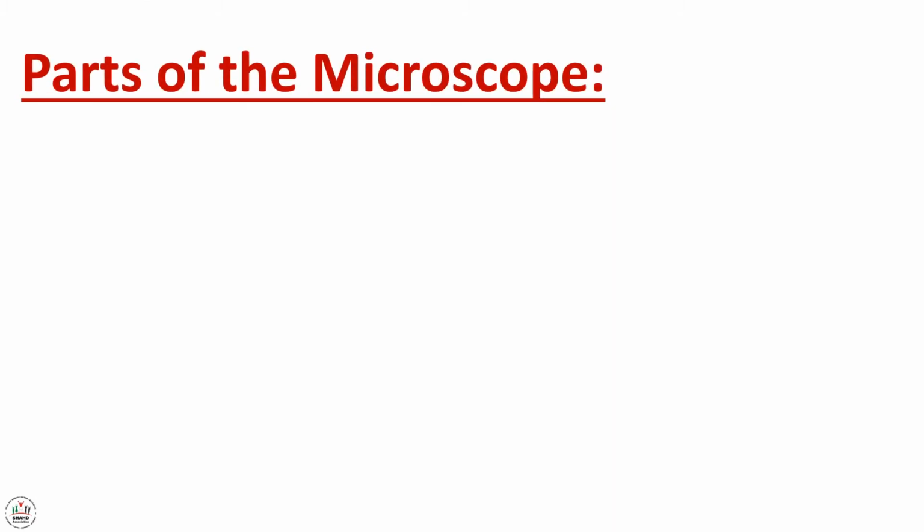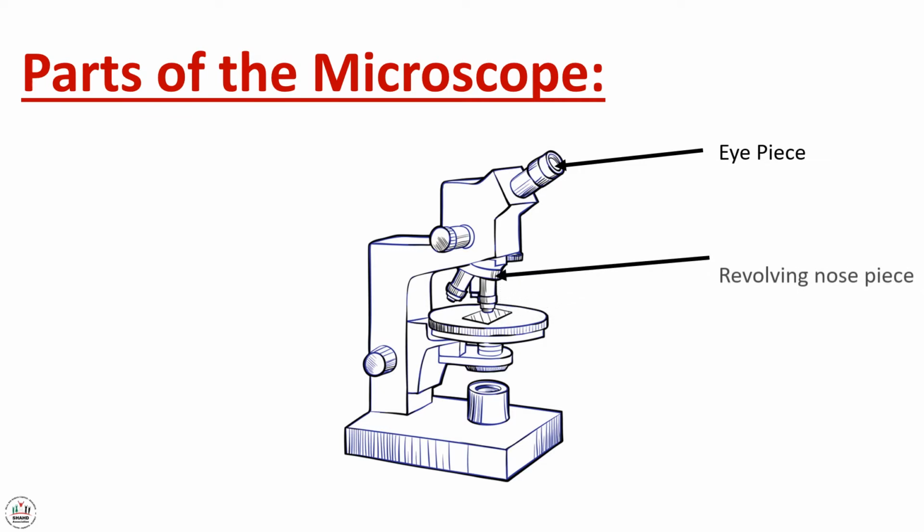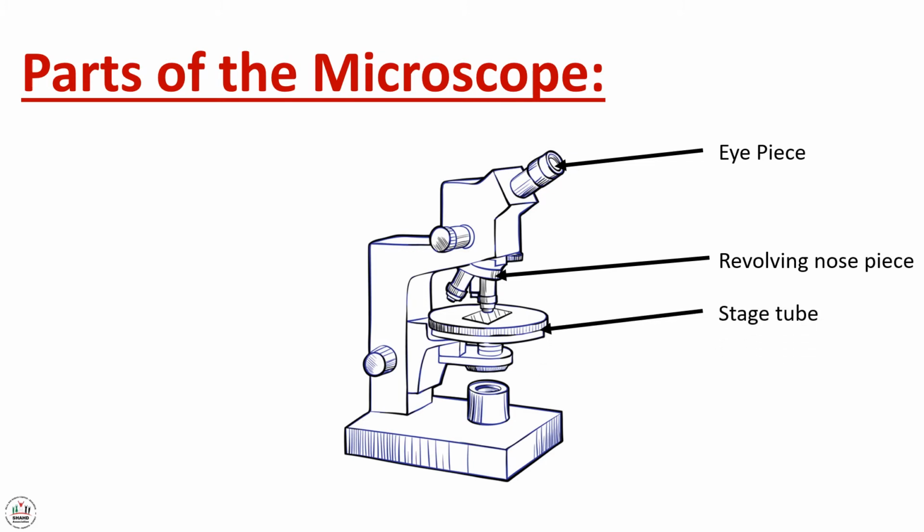Now, let's start to locate the parts of the microscope on a diagram. This is an eyepiece. This is the revolving nosepiece. While this is the stage tube. And this is called a lamp.